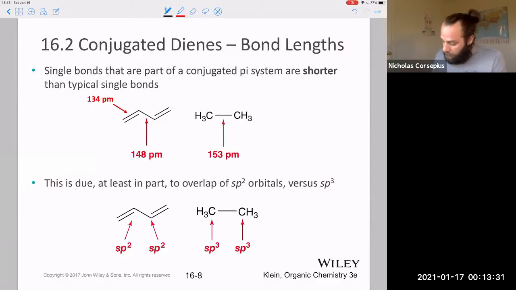The reason is because it takes place between two sp2 hybridized carbons, right? Again, the whole thing about conjugation is you have this network of sp2 hybridized carbons. So an sp2 carbon single bond is shorter than an sp3 carbon single bond.